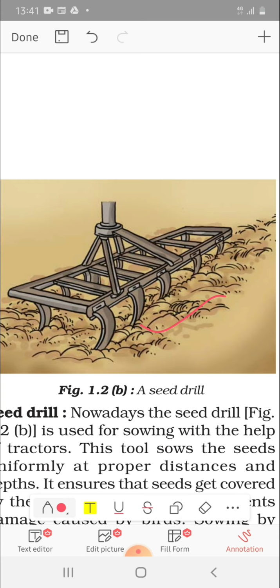So this also saves labor and time. Moreover, losses can be checked. If the seed is at proper depth and covered by soil, the birds will not pick it up.